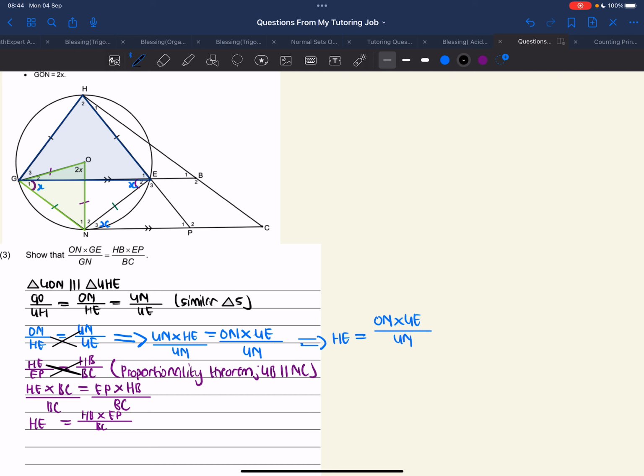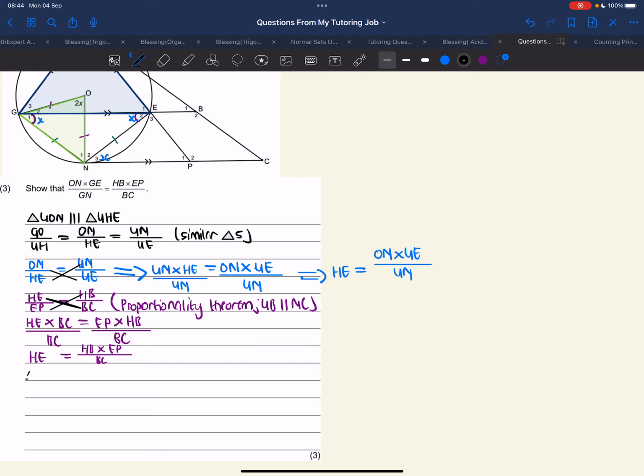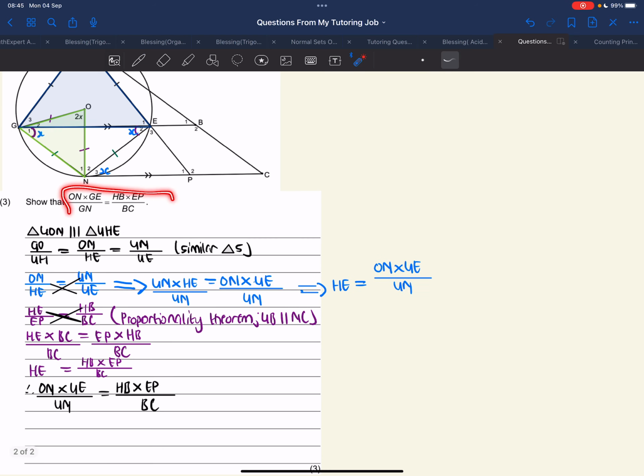From there I can say, therefore, ON multiplied by GE over GN is equal to HB multiplied by EP over BC. And yes, beautiful, that's how we prove that given equation.